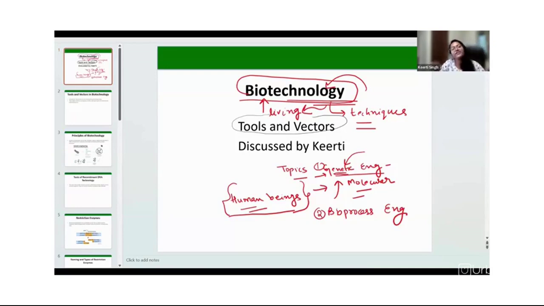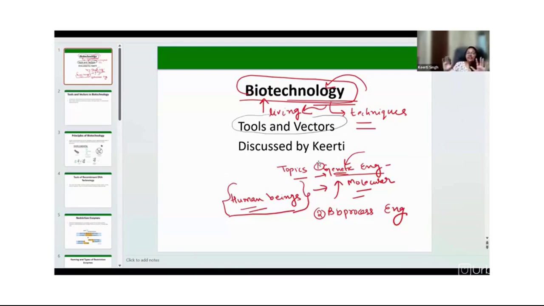DNA. You already know the definition of a gene itself says that a gene is a segment of DNA, right? It has some kind of information. It is coding some kind of protein, right? So in genetic engineering we are going to study what techniques are there to alter the gene constituent, whether it is DNA or RNA, right?